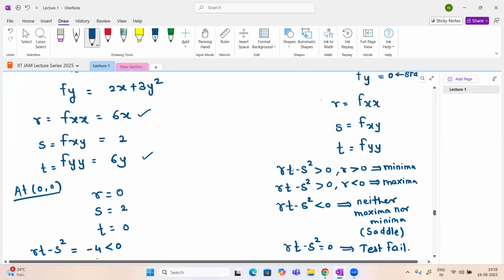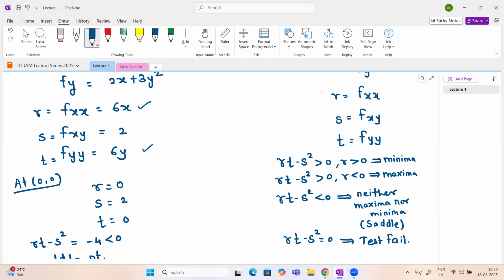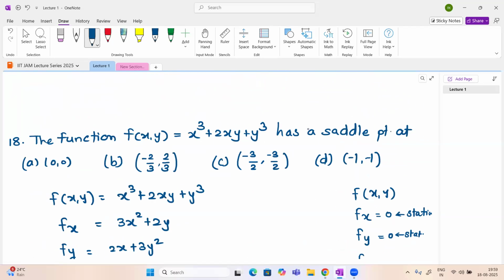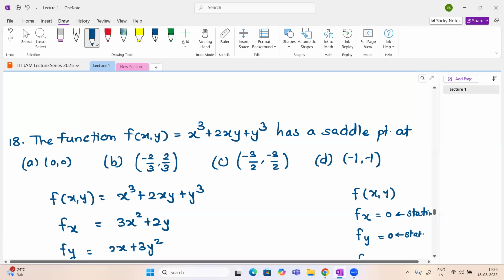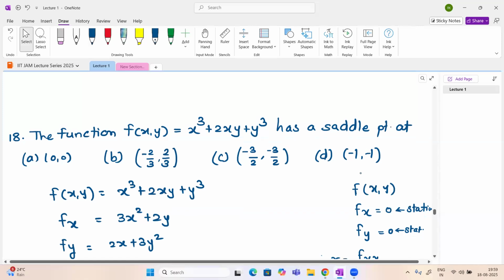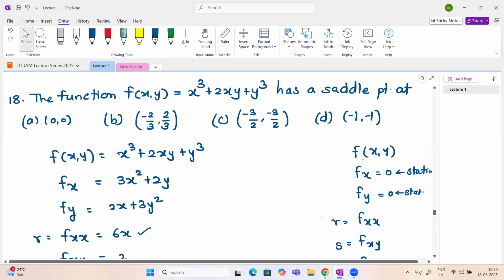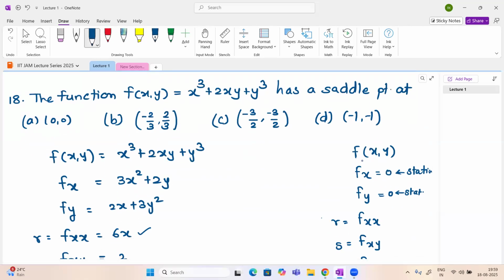Basically, it should be a stationary point. What's your good name? Ramesh. So Ramesh told that the first point satisfies the condition of a stationary point. That means when you put x = 0, y = 0, its value should be 0. It is satisfying, so you can talk about the saddle point.